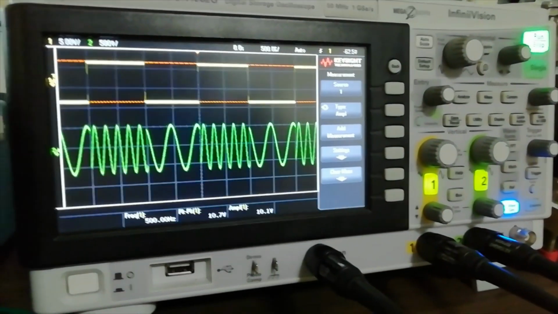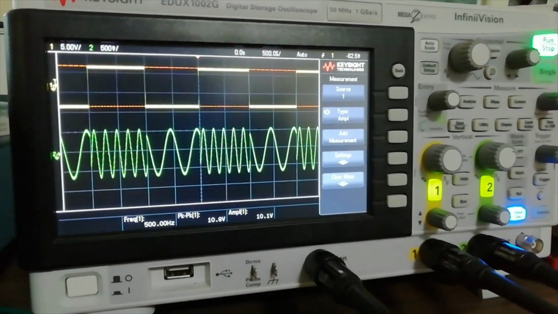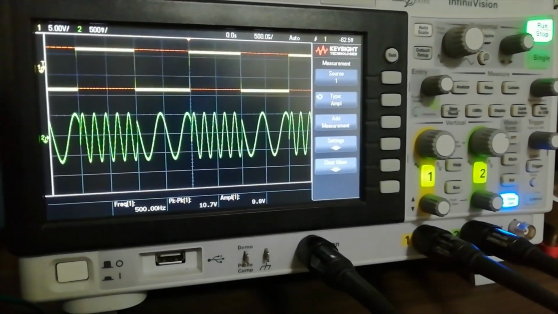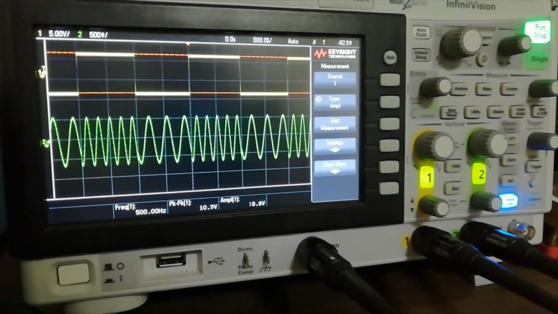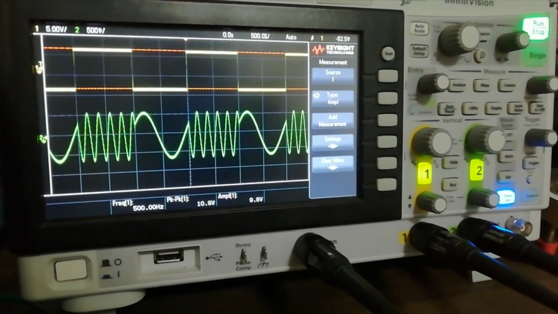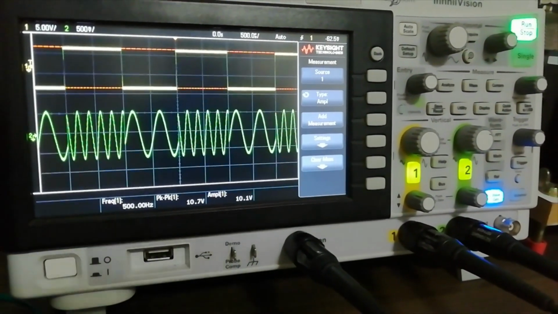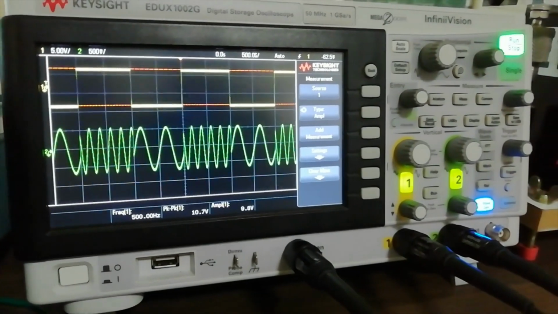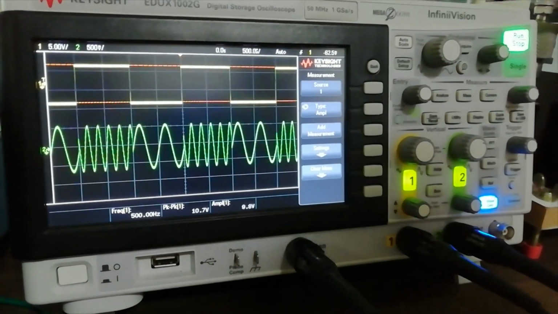And the same we can check with logic low. During the logic low, just see, it's a frequency shift key corresponding to logic 1 and 0.